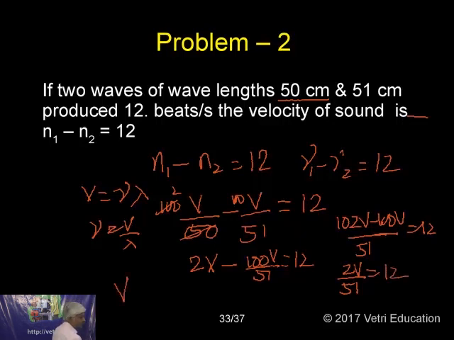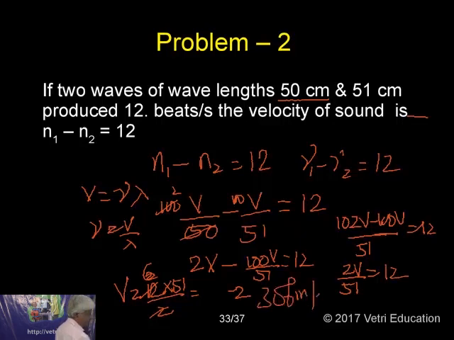Therefore, V is equal to 12 into 51 by 2, that is 51 into 6. Therefore, 306 meter per second is the correct answer.